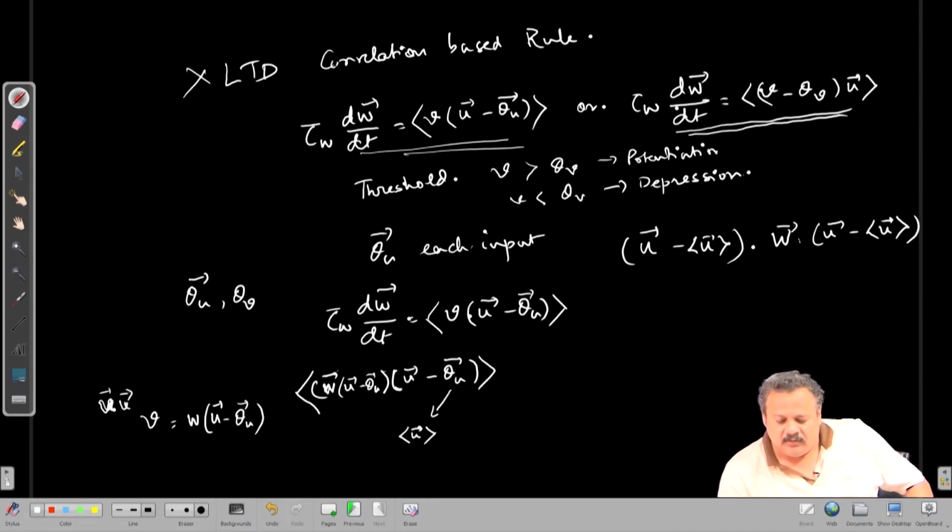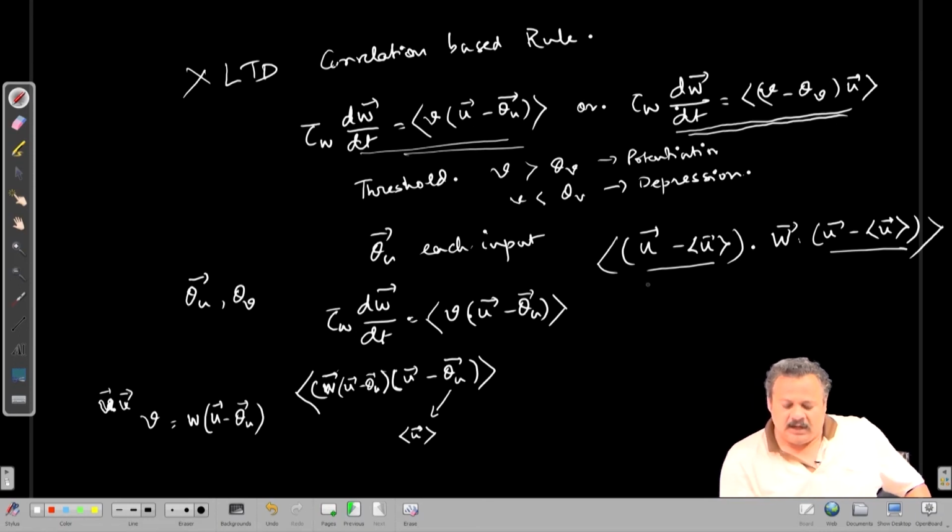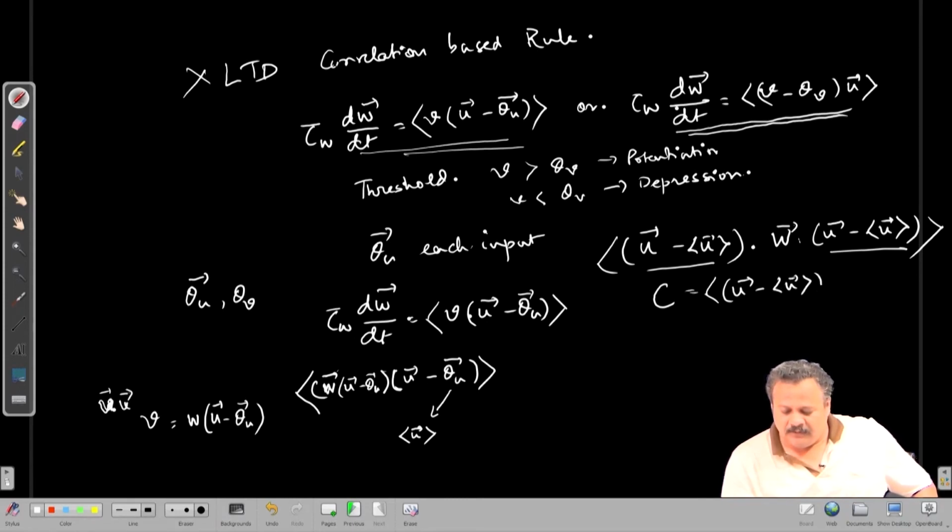So, if we take the product of these two and average them, the w goes out, and what we are left with is our covariance matrix. Let us say we name it C, because it is the average of u minus the average of u and u minus the average of u, which is the definition of the covariance matrix.